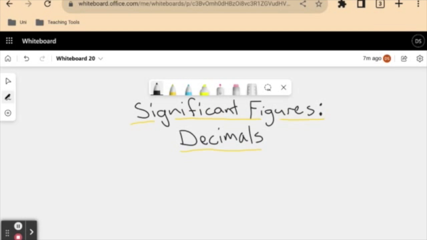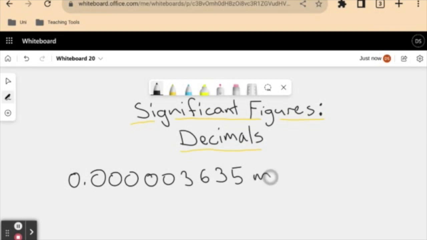And you measure this to be 0.00003635 meters. So this is a size in micrometers, right?